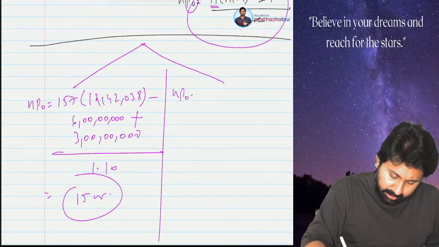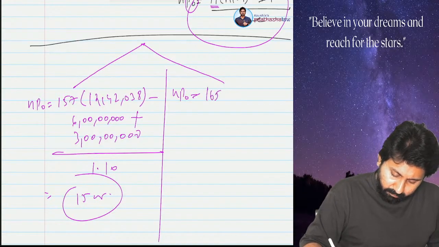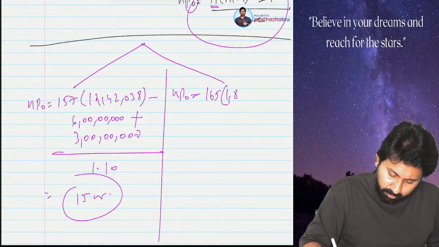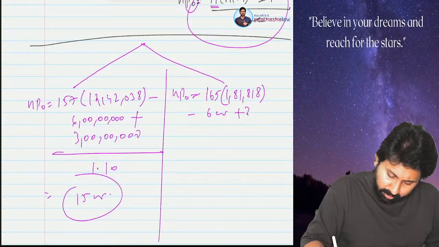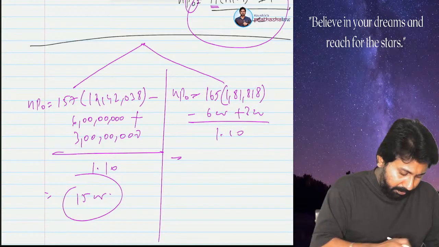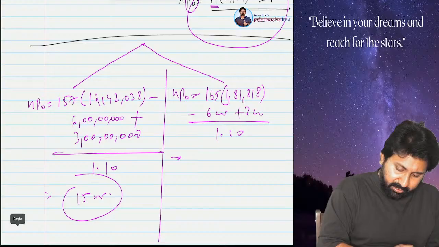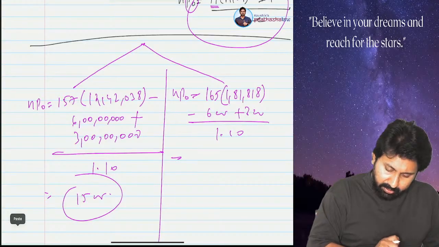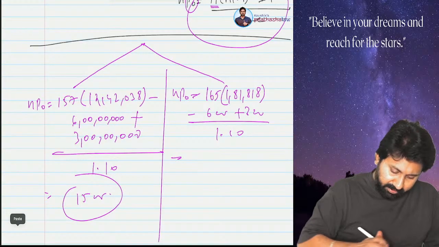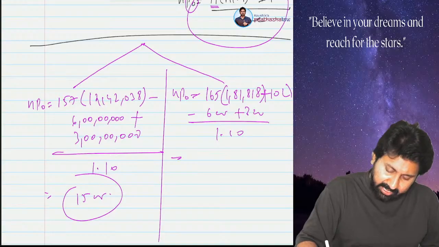Next, nP0 equals 165 into, minus 6 crore plus 3 crore divided by 1.1. 165 into 1,81,818, sorry, plus 10 lakh shares.